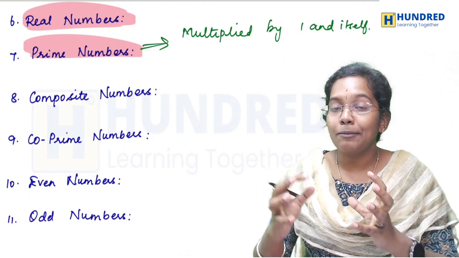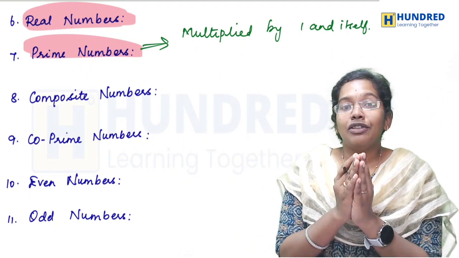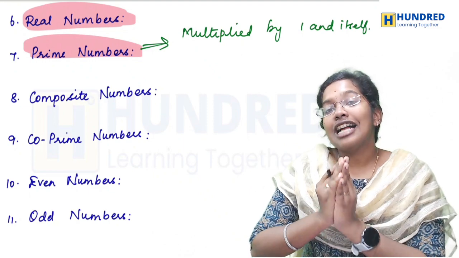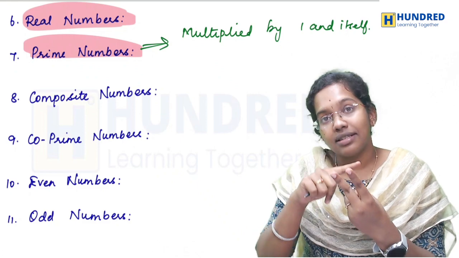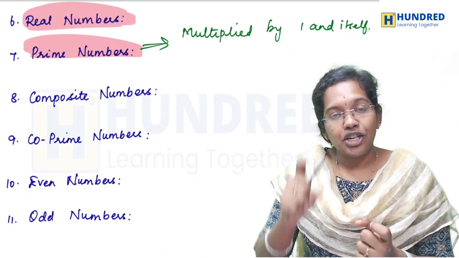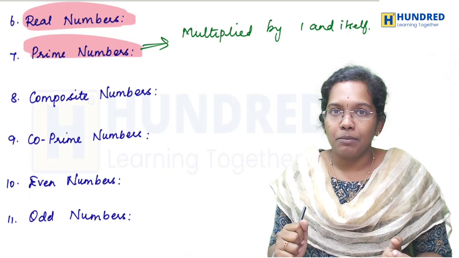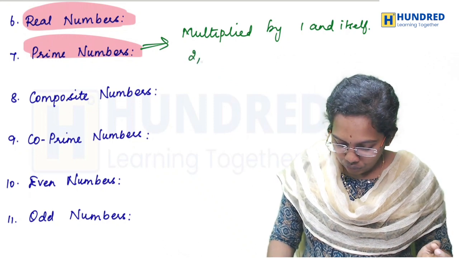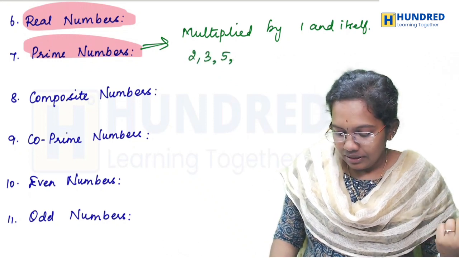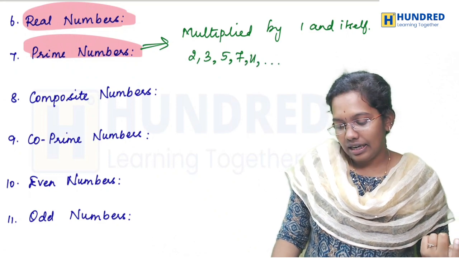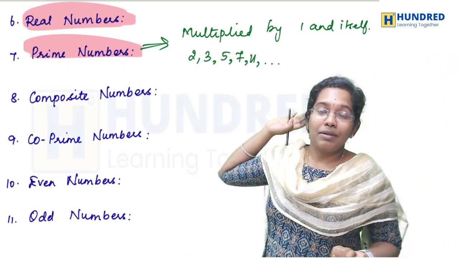If a number has only the factors 1 and itself, then that number is called a prime number. For example, 2, 3, 5, 7, 11, etc.